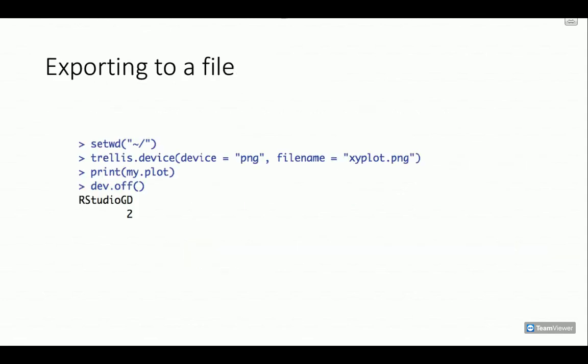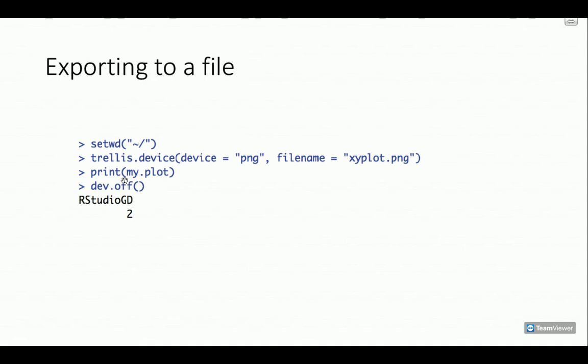And when you're done doing it in batch format, you want to export that plot to a file. So you will use this called trellis.device. If it was just the normal built-in R plotting, you might just want to call the PNG, JPEG, or PDF functions.